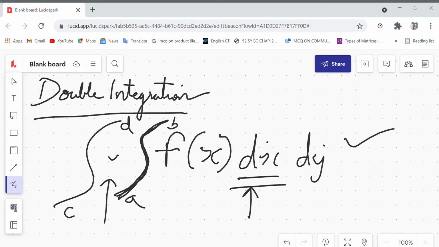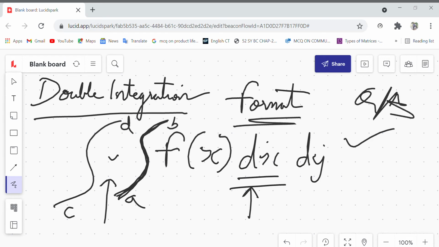So before describing more about this format and stuff, let's move on to the question section so that while answering the questions, I will directly tell you about the approach and how to solve this. So let's move ahead.